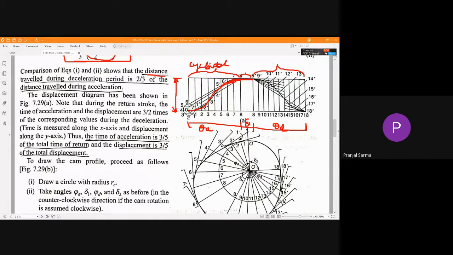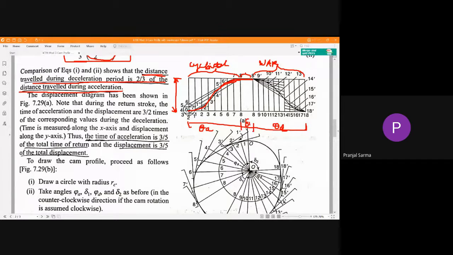And now here, this is with uniform acceleration and retardation, but previously we used to draw exactly at the middle, up to the first half with uniform acceleration, second half with uniform retardation. Now we have obtained that the distance traveled during the deceleration period is 2/3 of the distance traveled during acceleration.